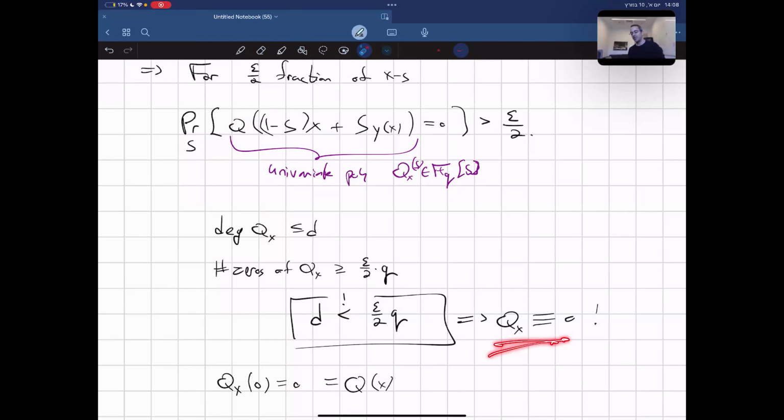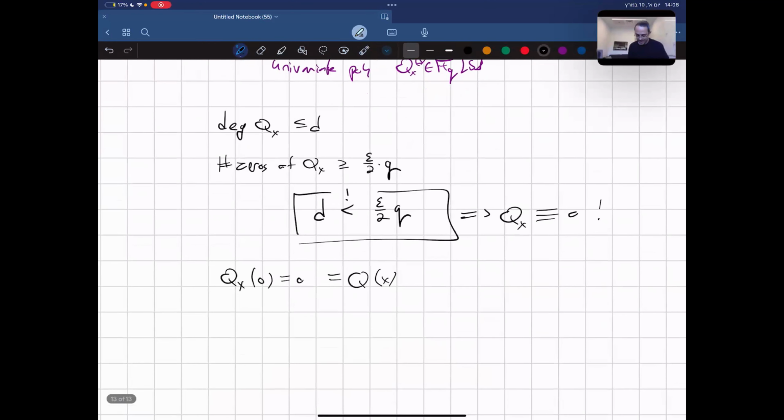Therefore, this projected polynomial is a zero polynomial. And so when you evaluate it at zero, you get zero. But evaluating that univariate polynomial at zero means evaluating the original polynomial at x, little x.